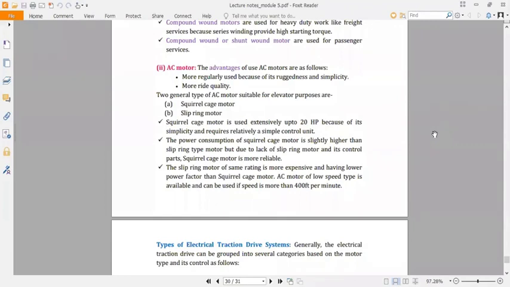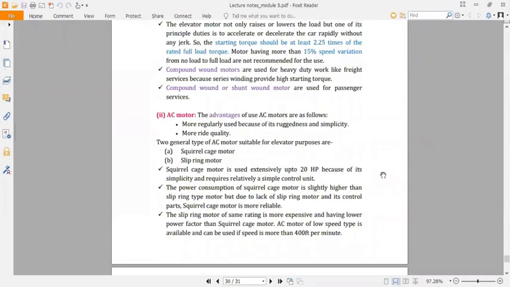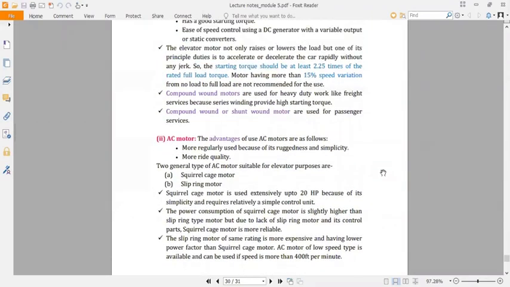So here also you can see that we can use both types of motor, but we prefer the squirrel cage motor for this elevator system. These are the different types of motor that we use for this elevator system.